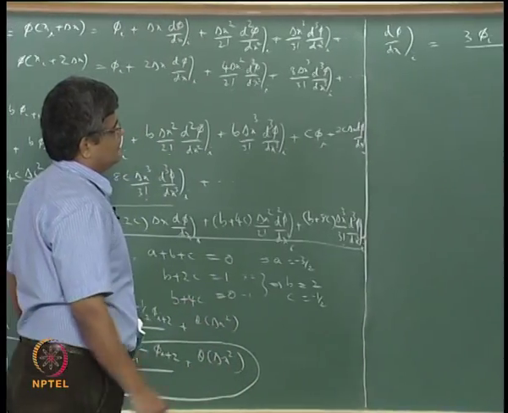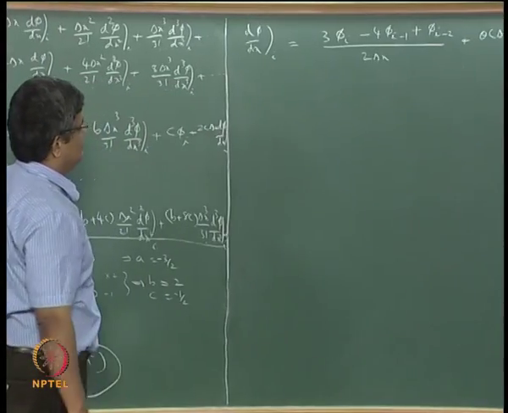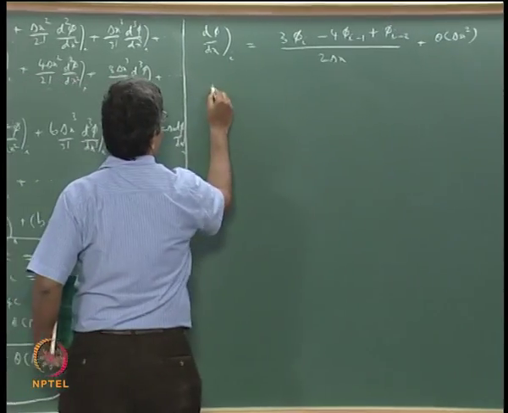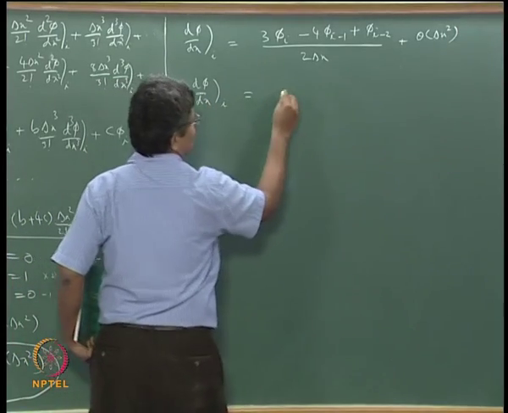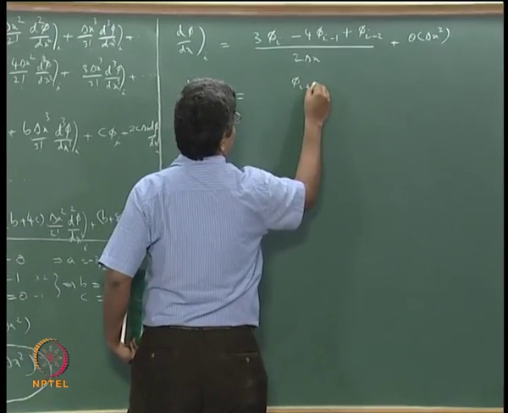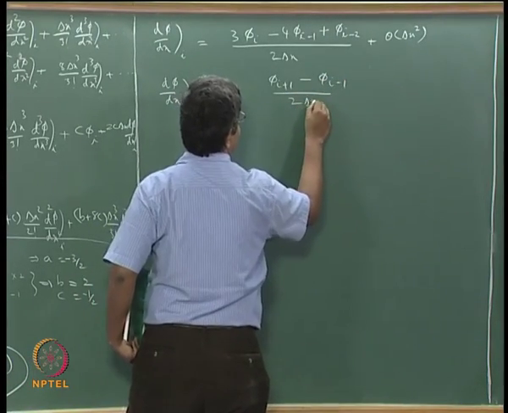And so using this we can get a second order accurate approximation, and we also know that d phi by dx at I is given by phi I plus 1 minus phi I minus 1 by 2 delta x.